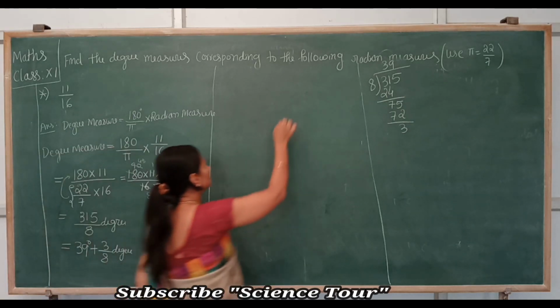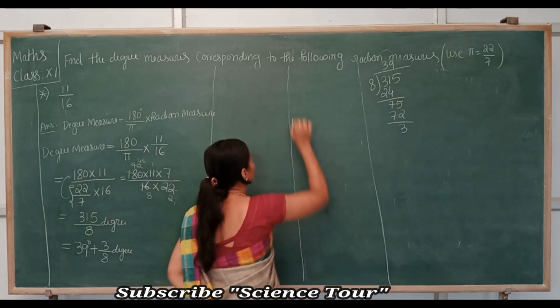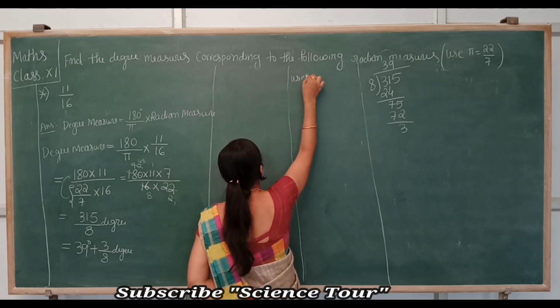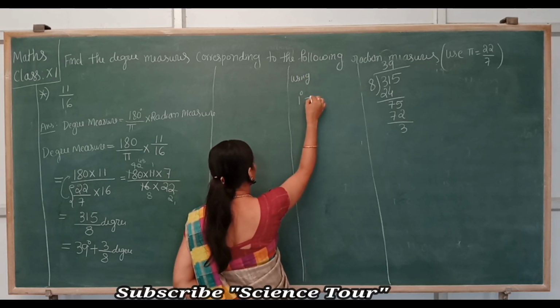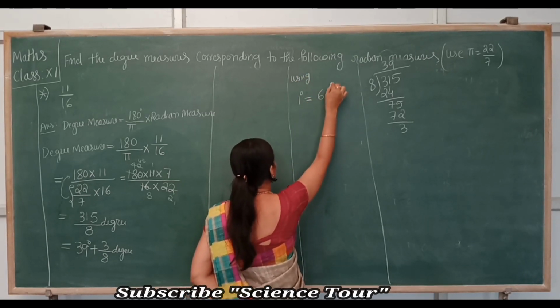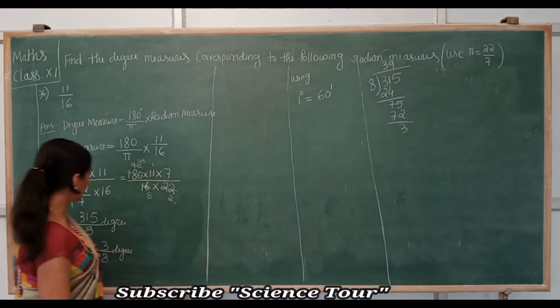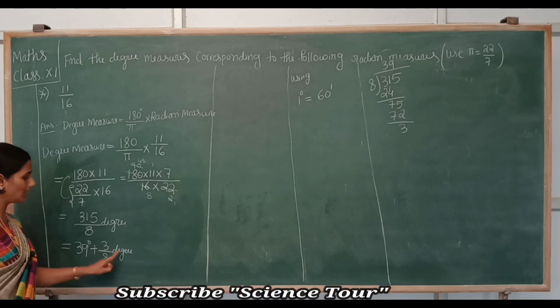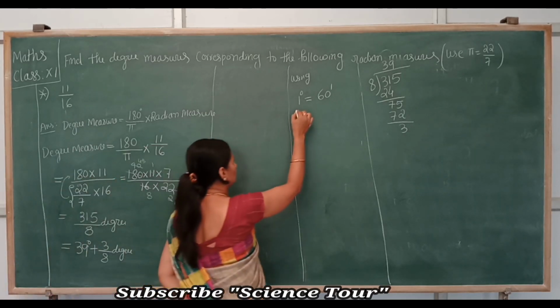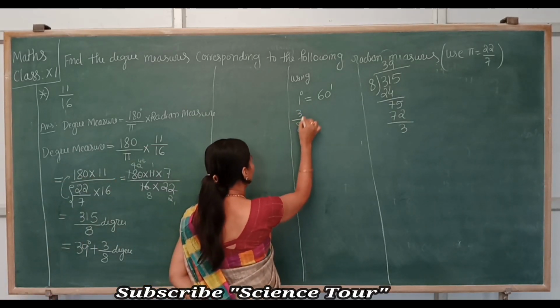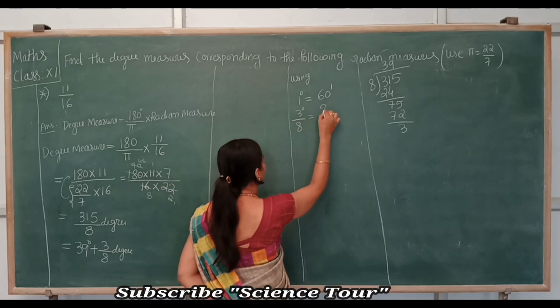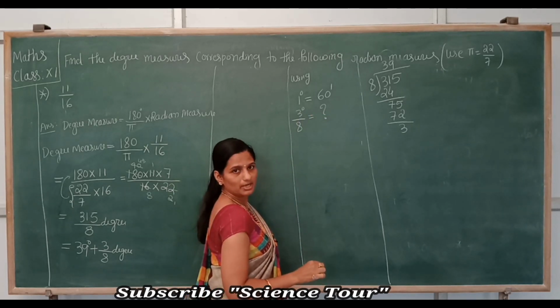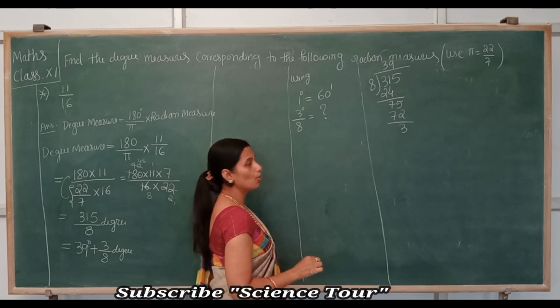You know that 1 degree is equal to 60 minutes. So 3 by 8 degree is equal to how many minutes?